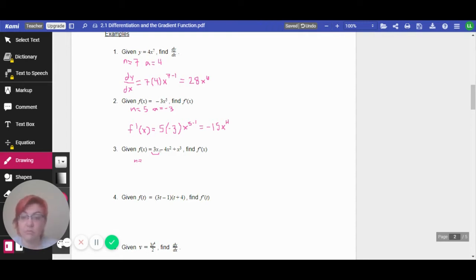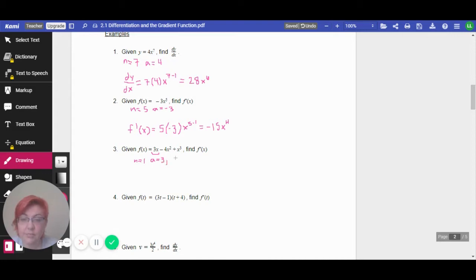Well, 1, right? n equals 1. So then I have a equals 3.